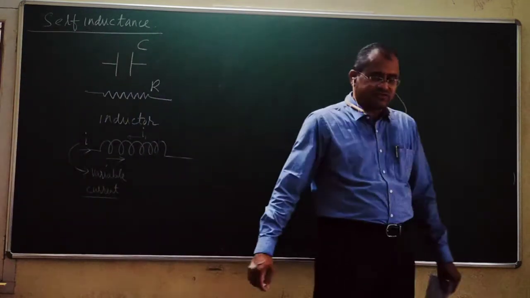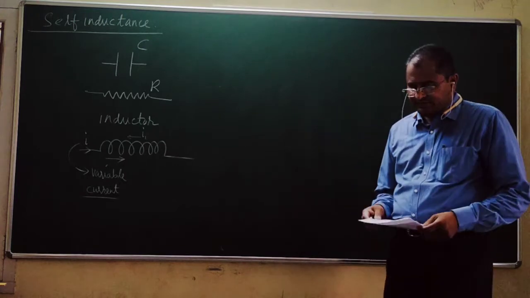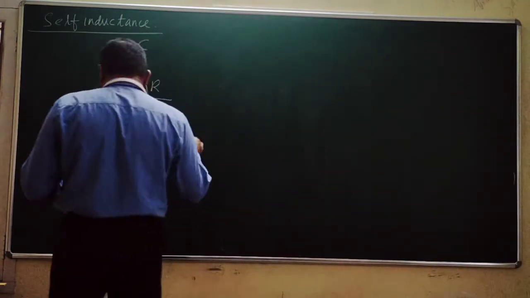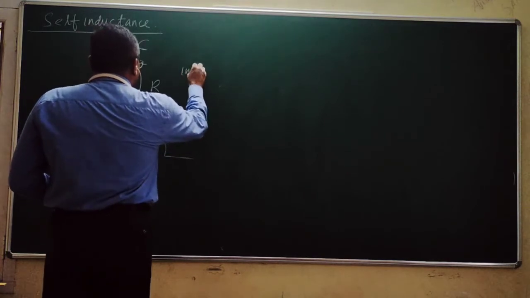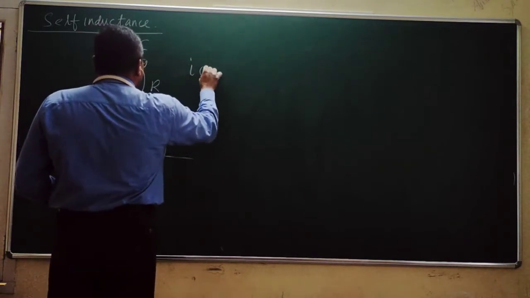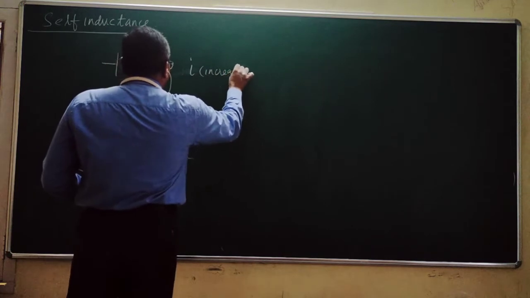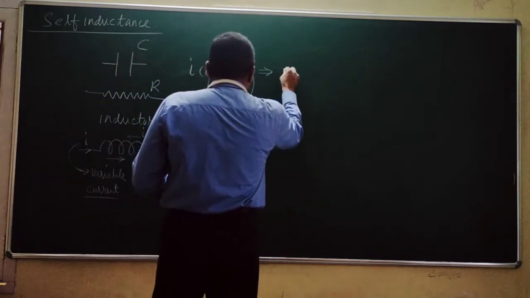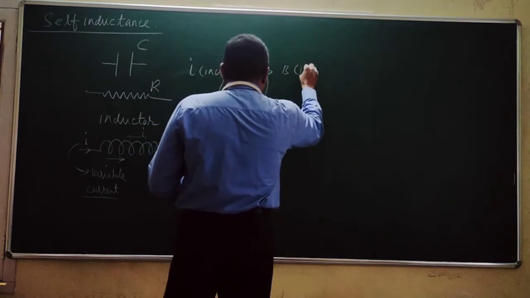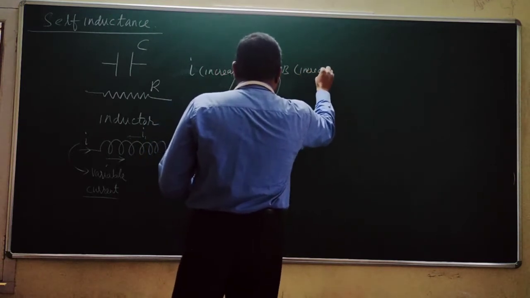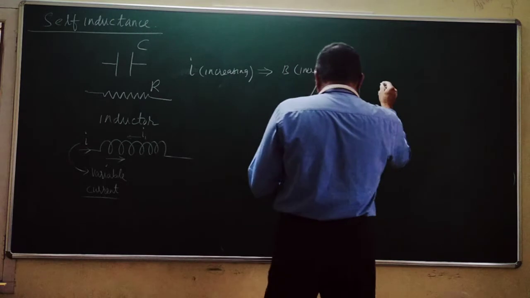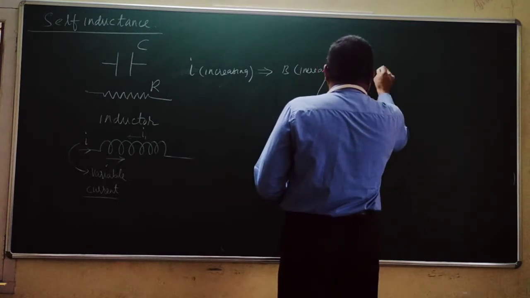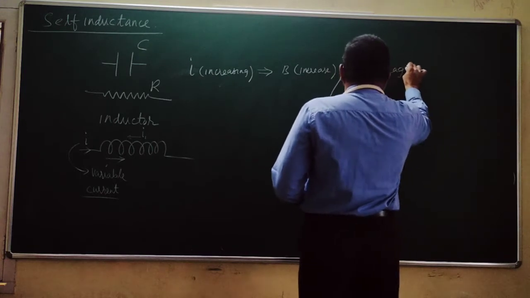Is that okay to you, sir? What I am trying to tell you here is, if the current is increasing, the increasing current will increase the magnetic field. If the magnetic field is increased, that will increase the magnetic flux.